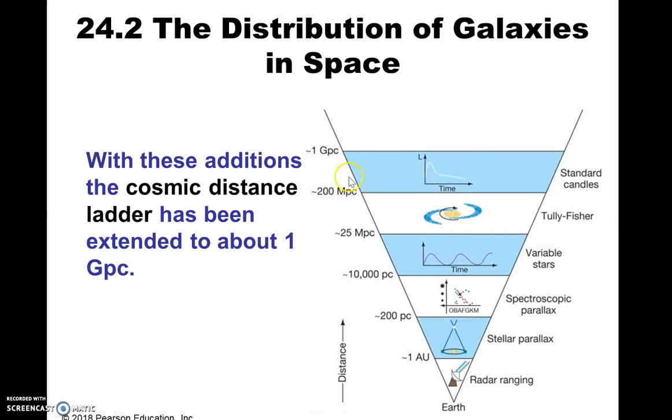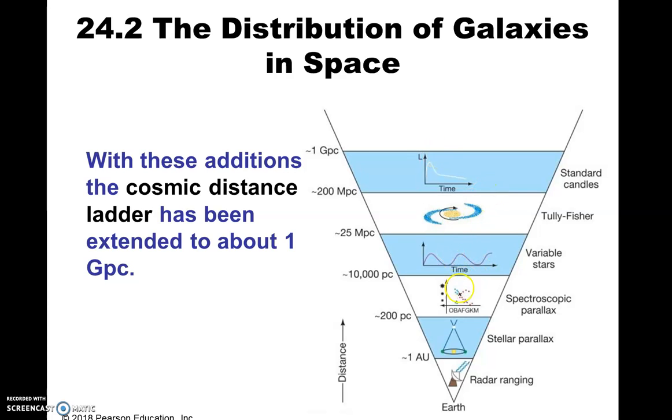Okay, so this is where we stood in the last video: we're using standard candles, supernova type 1 that always have the same absolute luminosity, so we can use that as a distance measurement.